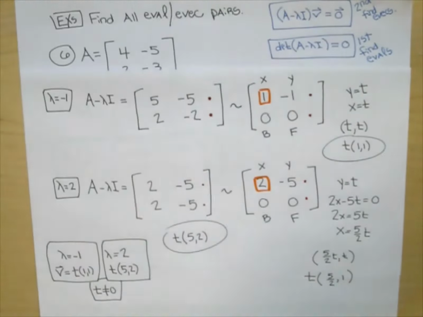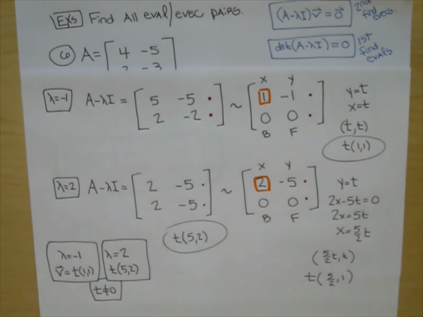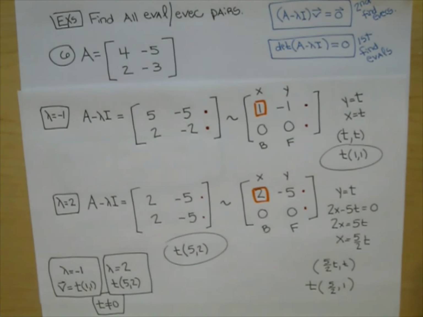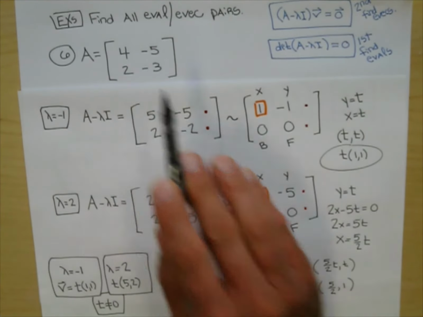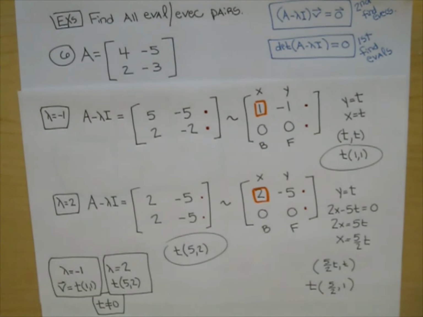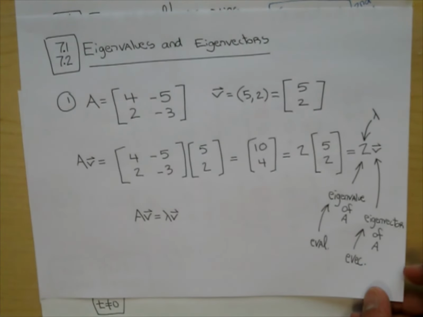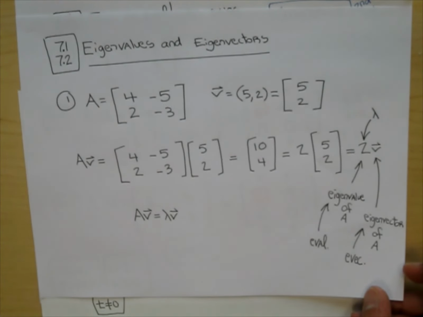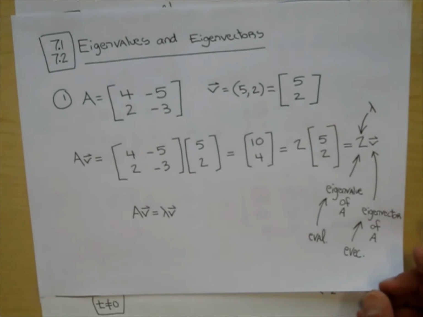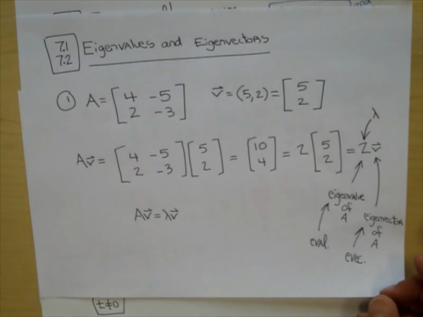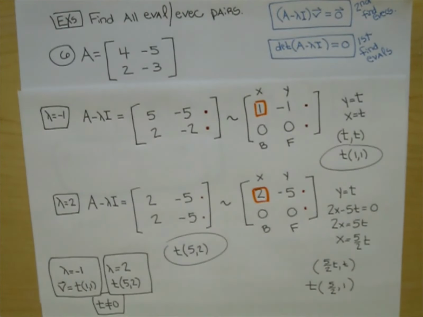Now I'm going to pick up some of our notes here. This is the matrix that we had. Remember when we verified, just using the definition, that 5, comma 2, 2 is an eigenvalue eigenvector pair? Look at that: 5, 2, 2.